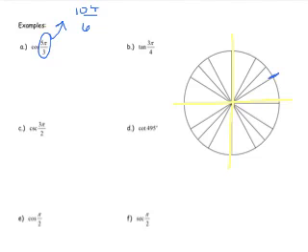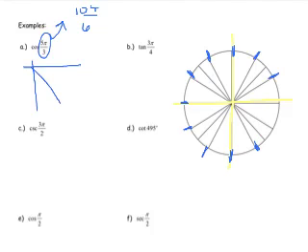So this is 1 pi over 6, 2 pi over 6, 3 pi over 6, 4 pi over 6, 5 pi over 6, 6 pi over 6, 7 pi over 6, 8 pi over 6, 9 pi over 6, 10 pi over 6. So make your quadrant 4. If this is 10 pi over 6, or 5 pi over 3, this is 12 pi over 6, then your reference angle is 2 pi over 6, which is 60 degrees.